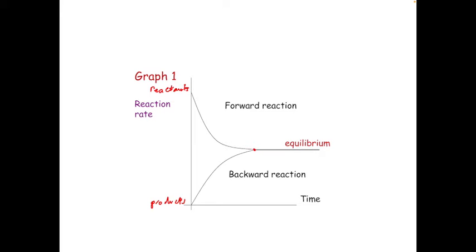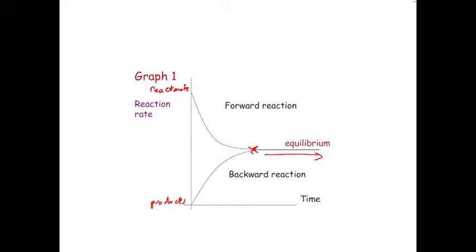And at this point here, which I'm going to mark point X, the line is flat, and the forward reaction rate and the backward reaction rate are equal at that point, and all the points after this, like along here. That is where equilibrium is set up, because those rates are the same. It doesn't mean that the concentrations are necessarily the same, as we're going to look at, just that the rate of the forward reaction and the reverse reaction are the same.